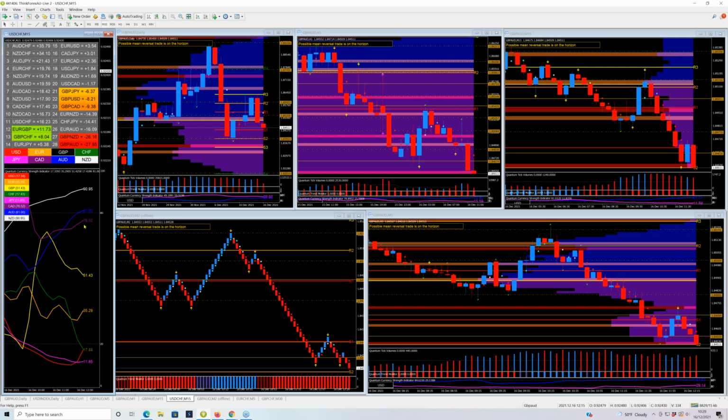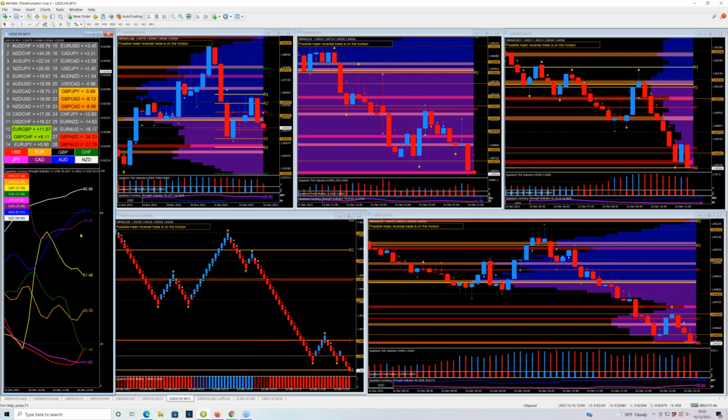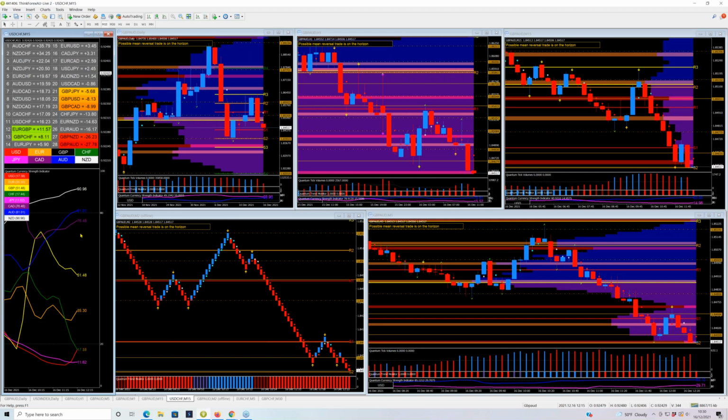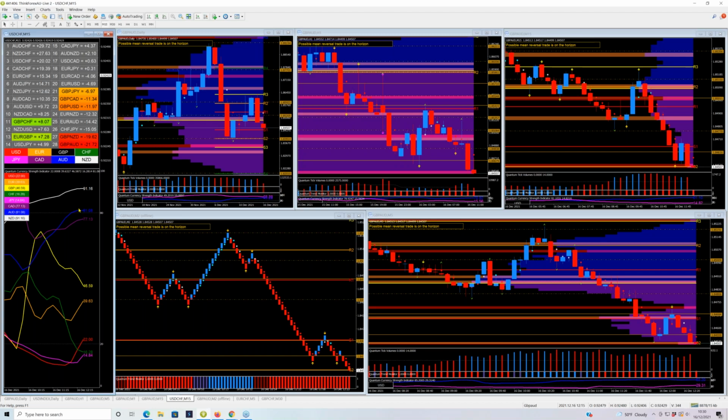When the two lines move in parallel, as this is here, for example, you've got the Aussie Canadian. What that often tells you is that there's no clear divergence, because what we want for a really nice move is nice clear divergence, and they're just not moving very fast. So what you want is clear divergence, and there's been very clear divergence on the Aussie dollar.